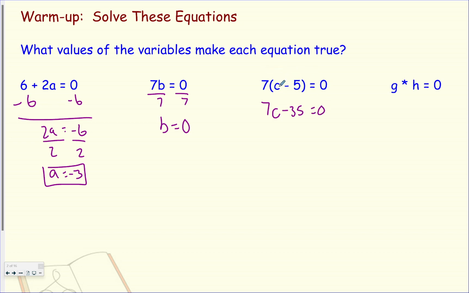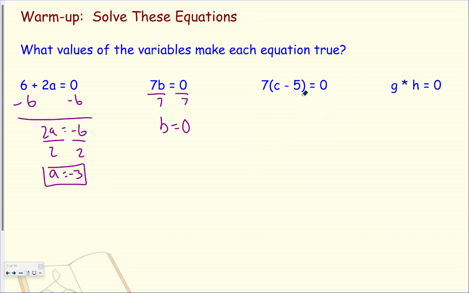You could do that, and then you would add the 35 to both sides, right? You get 7c equals 35, divide by 7, and c equals 5. So you could do that, but there is another way to do this that's a little bit more straightforward.